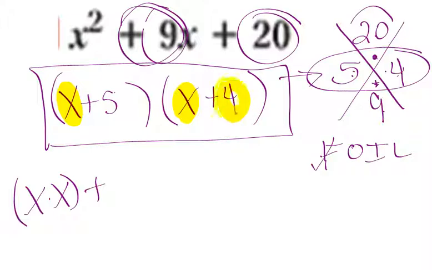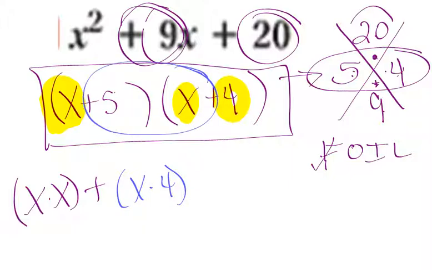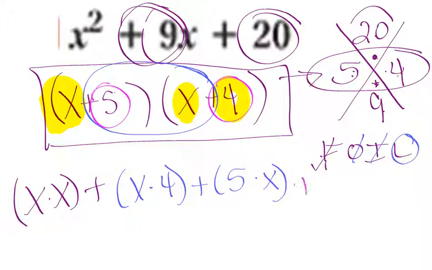Outside is the 4 and the x. And now the inside terms, right there, 5 times x. And the last are your last terms in each binomial. So it's going to be 5 times 4. So first, outside, inside, last.